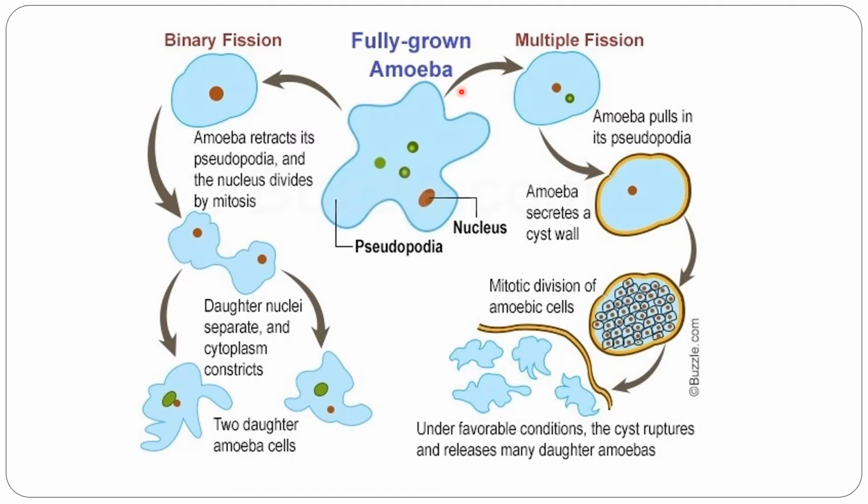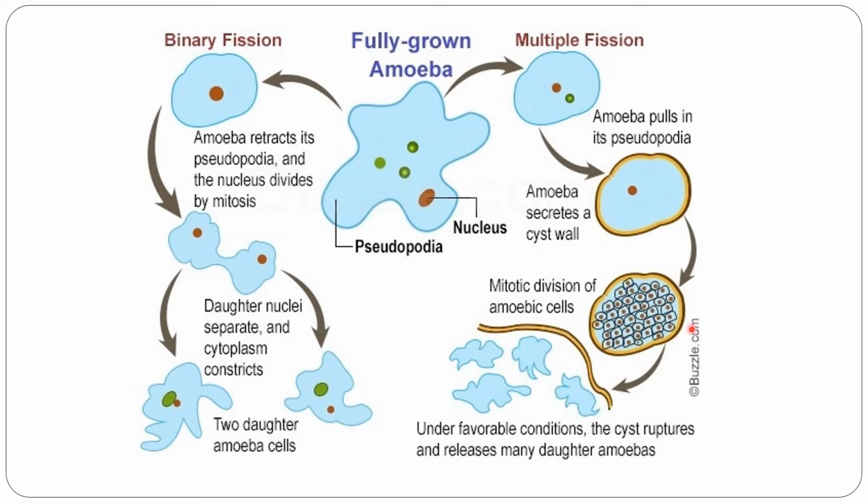When it follows multiple fission, the same amoeba pulls in its pseudopodia. Then the amoeba secretes an outer cyst wall.